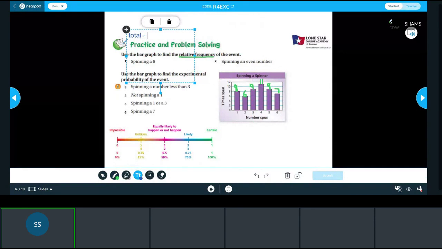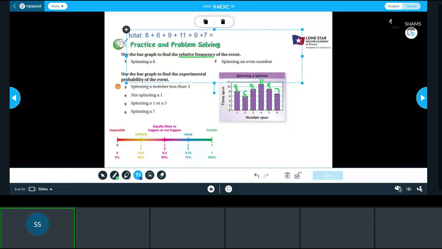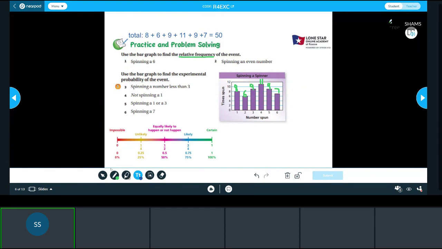Total, we add 8 plus 6 plus 9 plus 11 plus 9 plus 7. I got a total of 50. There are a total of 50 spins.